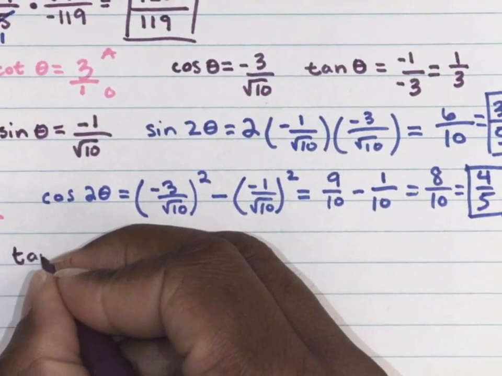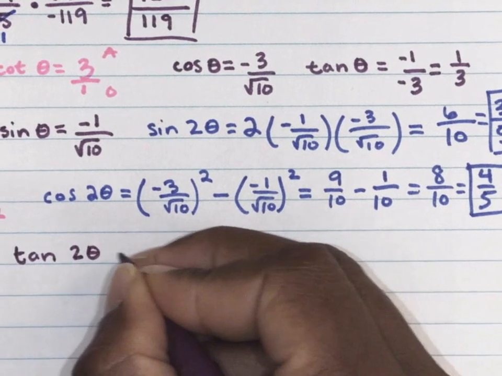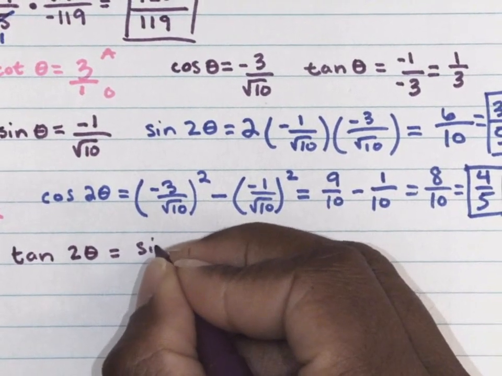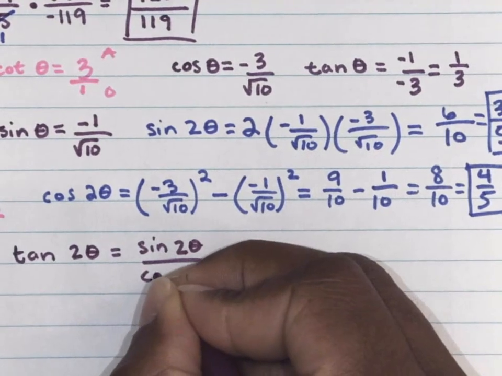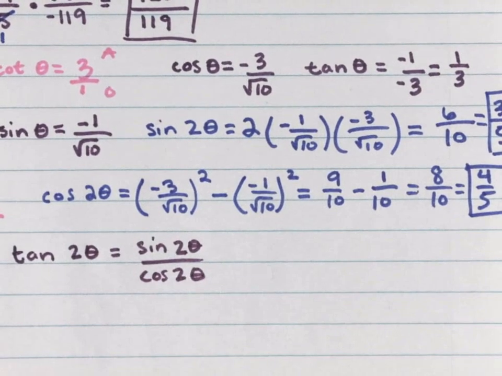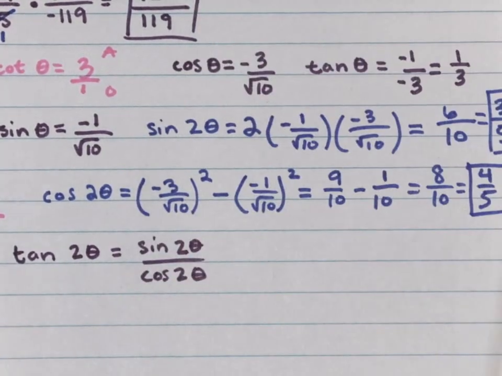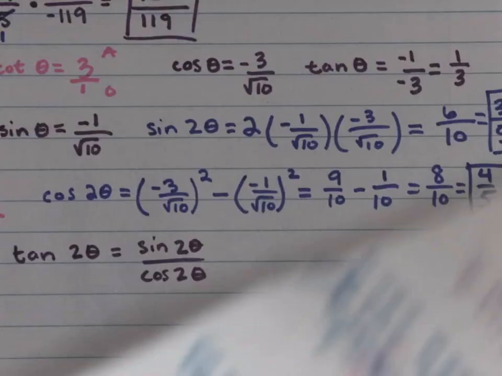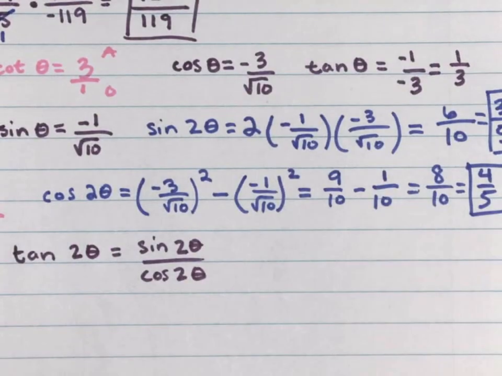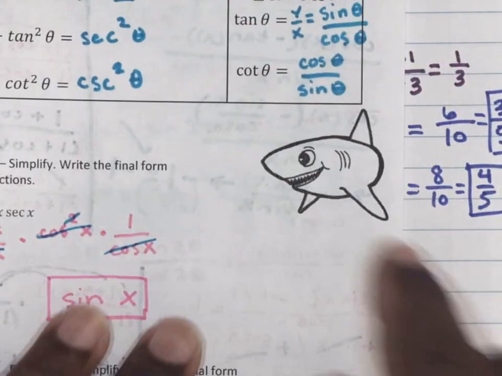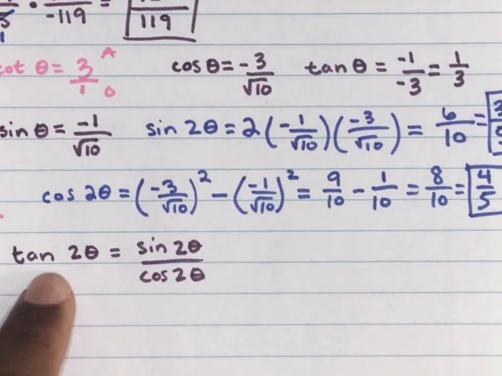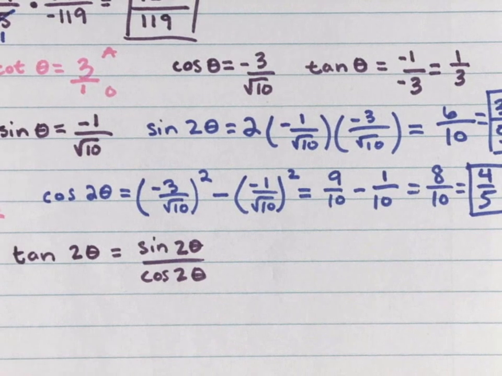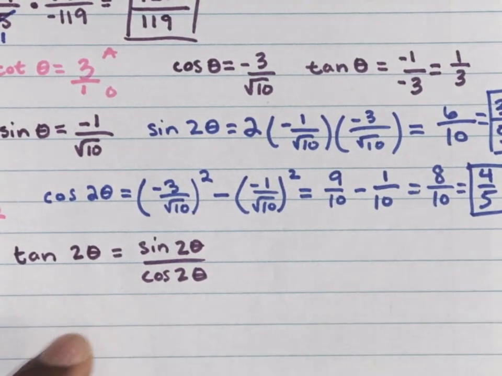Tangent double angle, and this time let's do sine double angle divided by cosine double angle. So if we recall from what we did at the beginning, these are just the identities. So whenever we want to get tangent's value, tangent equals sine divided by cosine. Since we're doing double angle, we take the double angle values, we get the double angle exact value for tangent.